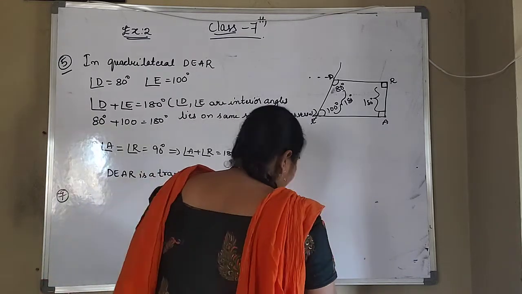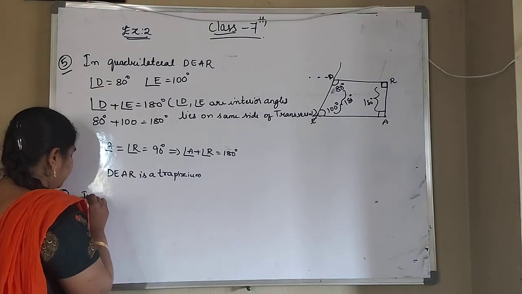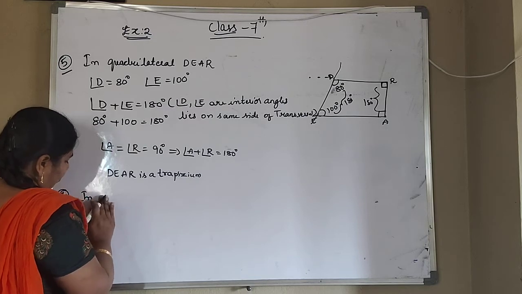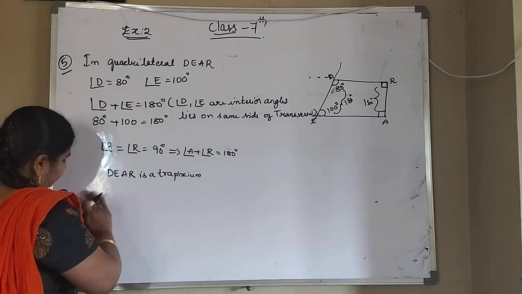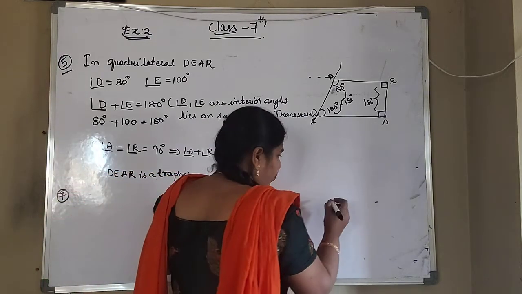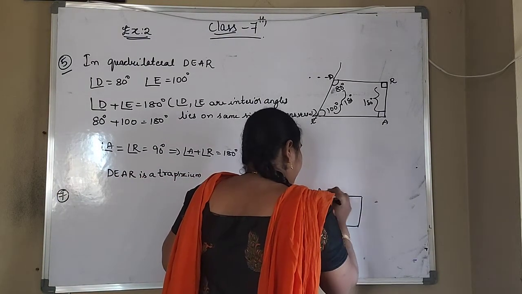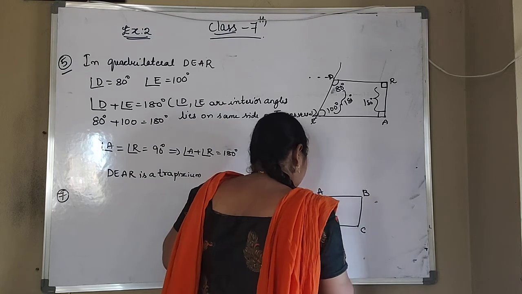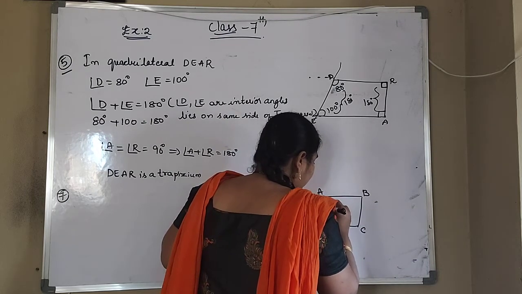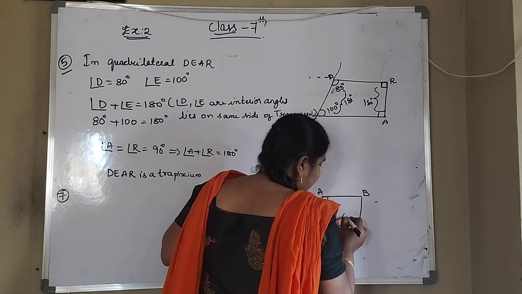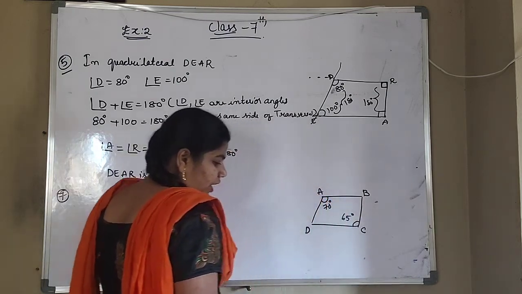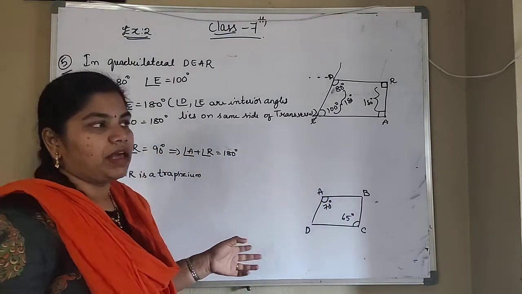So here, in quadrilateral ABCD, I am drawing one parallelogram. This is A, B, C, D. Angle A is given as 70 and angle C is given as 65. We have to check whether it is a parallelogram or not.